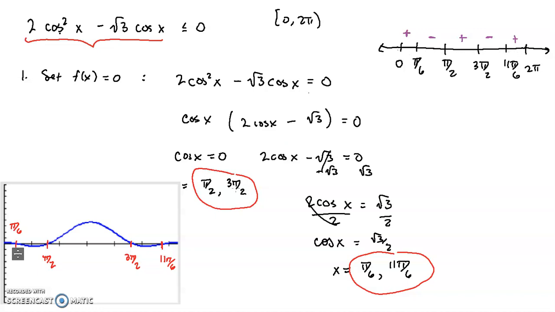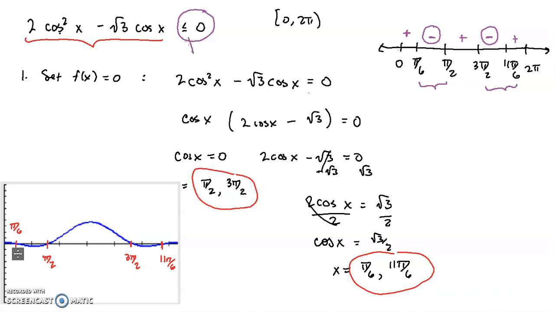So you have to have these solutions because those are going to mark where it changes. Once you have all of this figured out, now you can answer the question, when is this function less than or equal to 0? So it's here, and it's here. So we're going to go from pi over 6 to pi over 2, and we're going to go from 3 pi over 2 to 11 pi over 6.